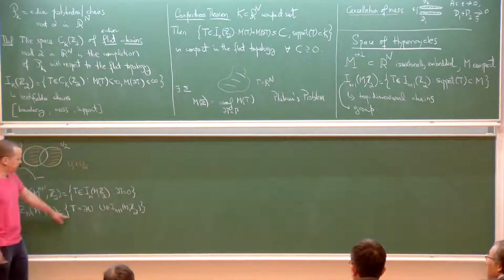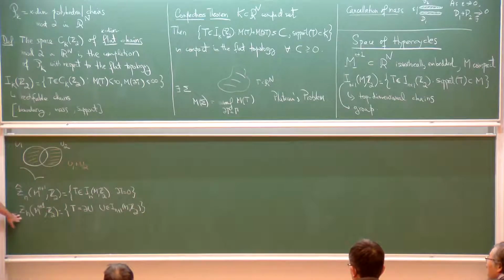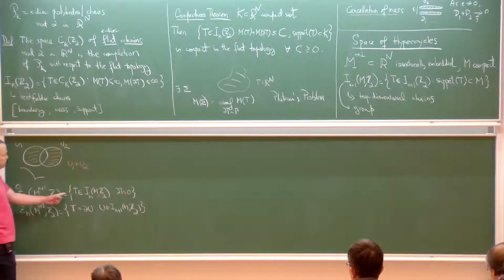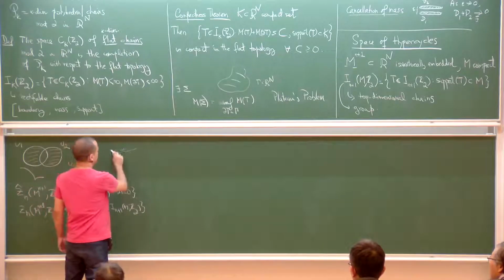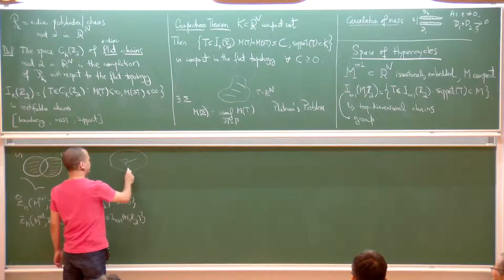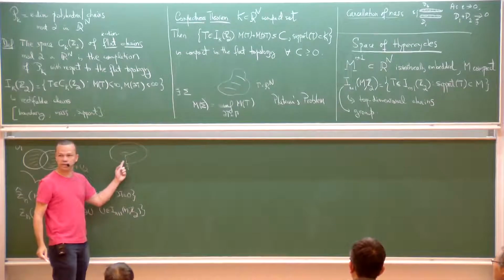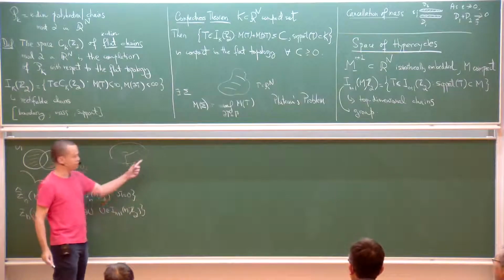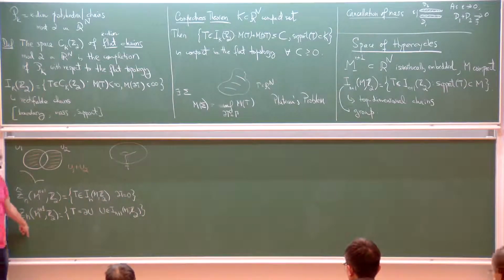So I consider the space of all boundaries of top dimensional chains, and that's my space of cycles. Just one comment: in Z hat, T is not necessarily the boundary of something. For instance, if your manifold is a torus and you take T to be this curve, this is a cycle because it has boundary 0, but it's not the boundary of anything. So this would be an element of Z hat, but not of Z.